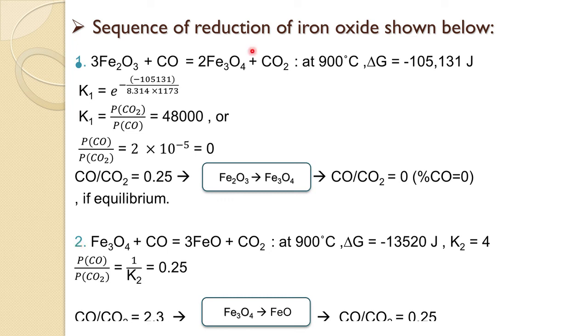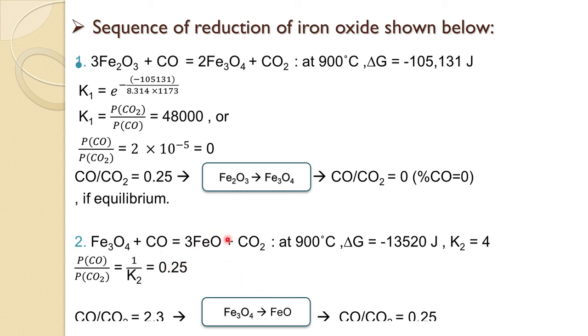So, second, that once you reduce to magnetite, again it further reacts with the CO, carbon monoxide, and reduces magnetite to wustite, and this is the reaction where free energy is given here. Again one can calculate the equilibrium constant for this reaction, which comes to 4. So, CO2 comes to 0.25, and this 0.25.